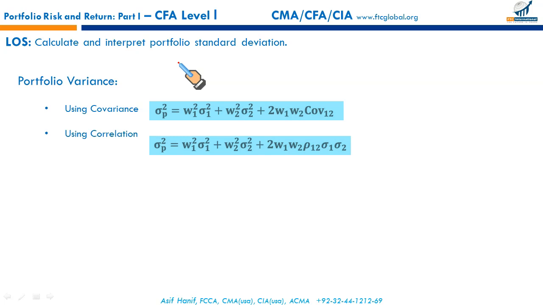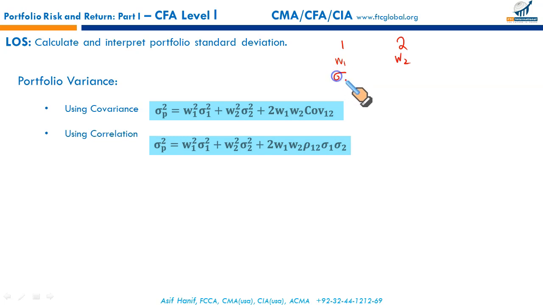Now, what do the elements within the formula show? Let's say you have two assets, asset 1 and asset 2. The weightage, the proportion of the total investment in asset 1 is W1 and the proportion in the second asset is W2.